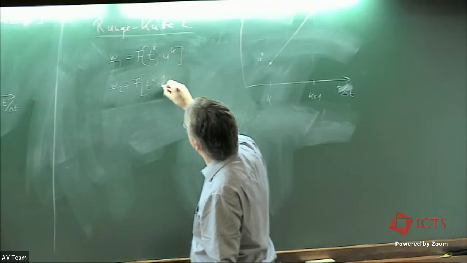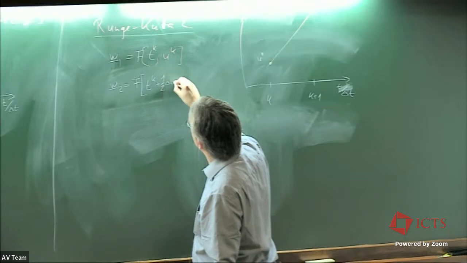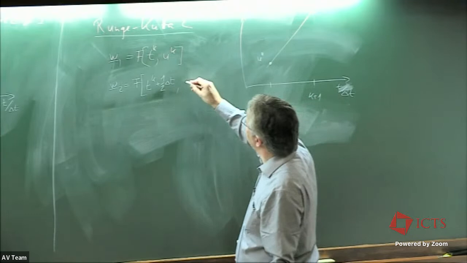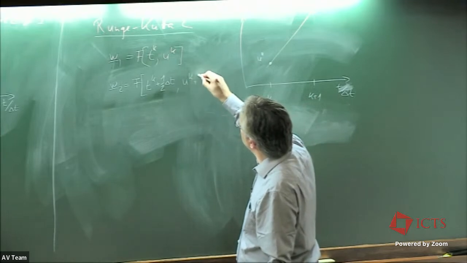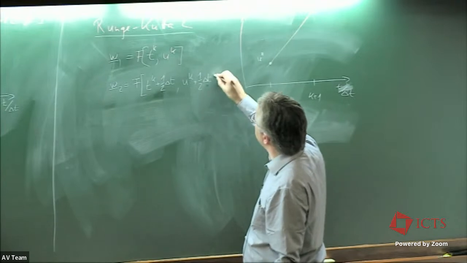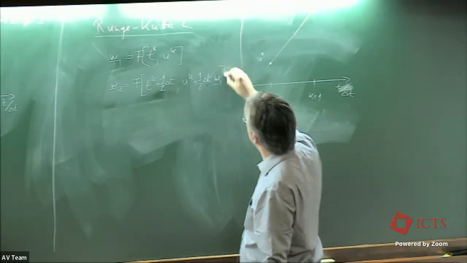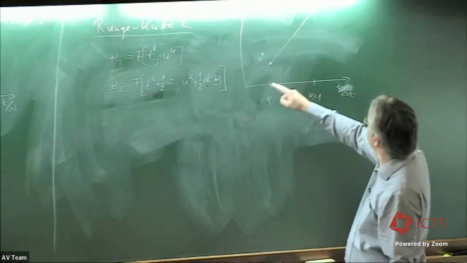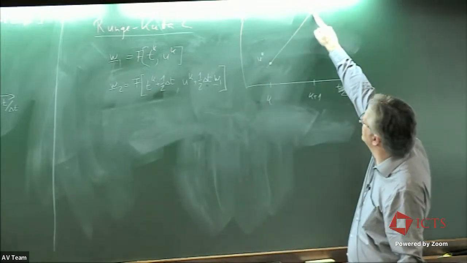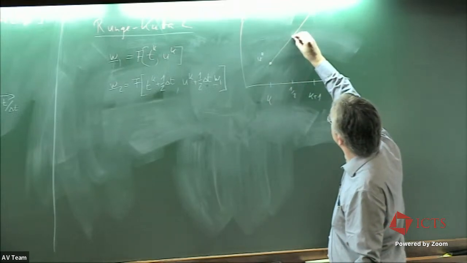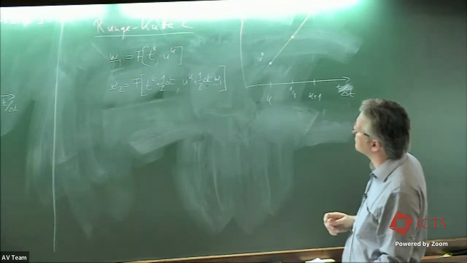We are going half a time step forward, time t plus 1/2, and we are advancing u by 1/2 delta t times our initial slope here. So we're not jumping all the way up here, but we're only going 1/2 in the middle. So we're going to this point here next.